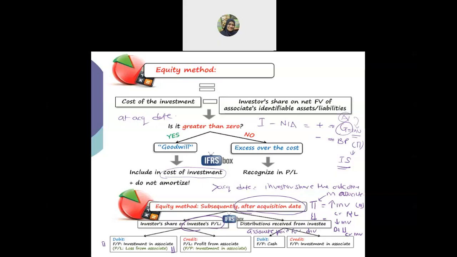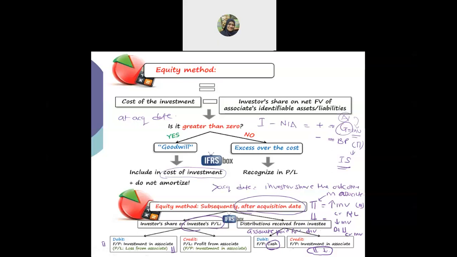Once they use the profit, the investment is going to be reduced. Why do you need to credit the investment here? Because we assume that the profit has been reduced, since from that profit we pay the dividend. So you're going to credit investment in the associate and debit cash. So this is what you need to know.